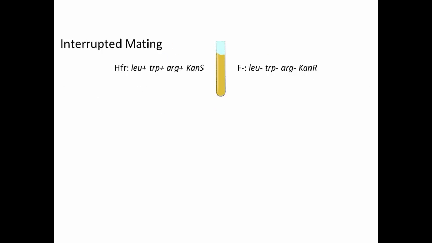So now we have our tube that contains both the HFR and the F- cells in the same physical space, allowing for conjugation to happen. And then what we do at different time points, we're going to take samples from this conjugation mixture and plate it out onto different media conditions.